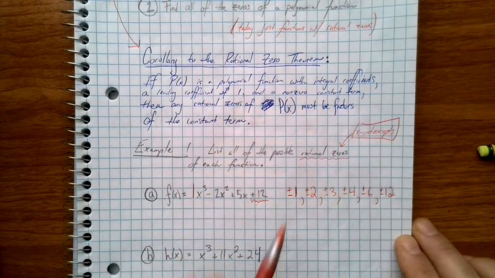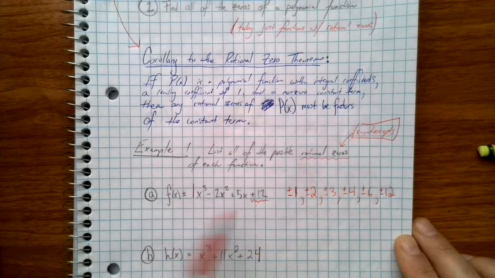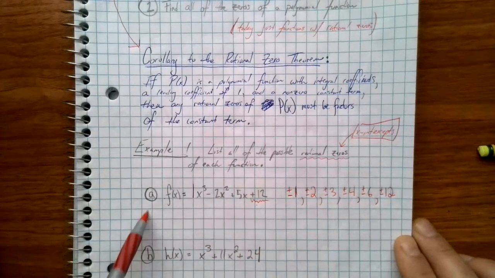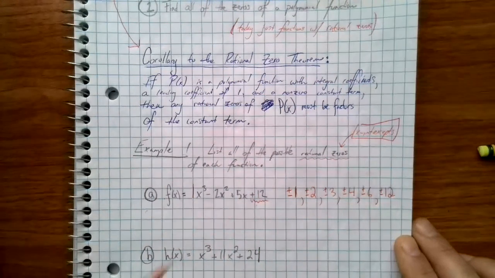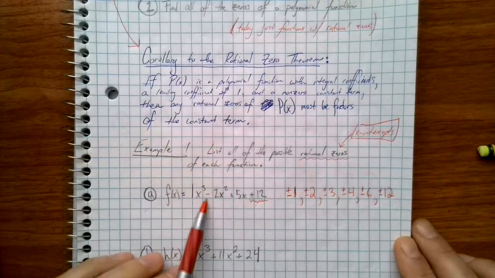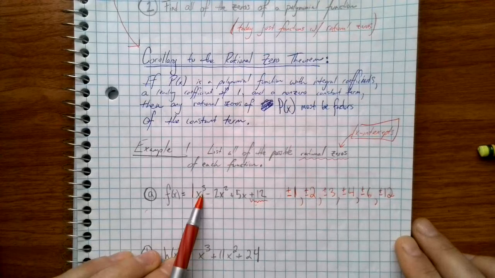So these numbers right here are the possible zeros of this function, meaning if we were to graph this function, it would have to cross the x-axis somewhere at these values. Not all of them, because we're dealing with a cubic function, meaning at most it is going to go through the x-axis 3 times.